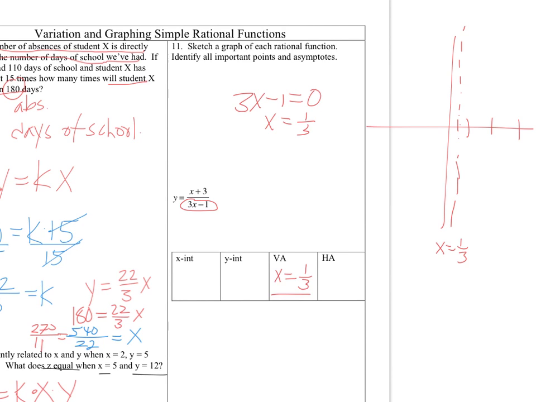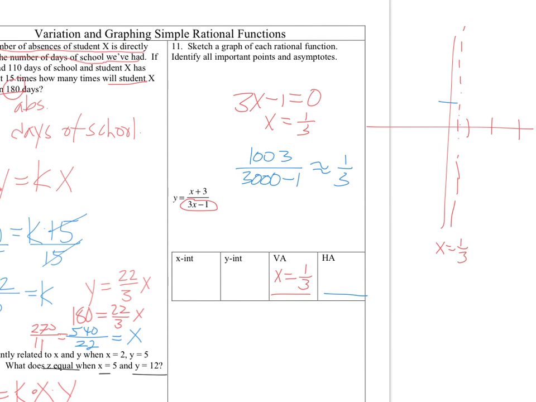I might go for my horizontal asymptote next. If I plug in a really large number like 1,000, we end up with 1,003 over 3,000 minus 1, which you might notice looks really similar to 1/3.